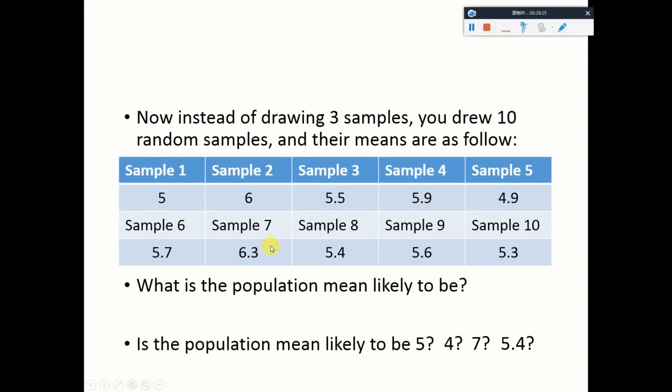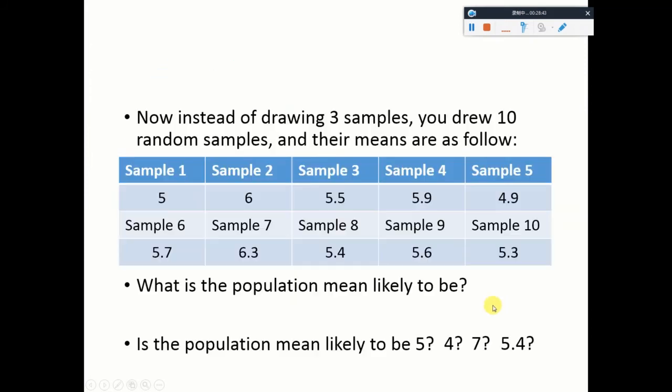What about 5.4? This looks more likely, doesn't it? Because we do have most of the values fluctuating between 5 and 6. One value is larger than 6, and one value is smaller than 5, but most of the values are somewhere between 5 and 6.